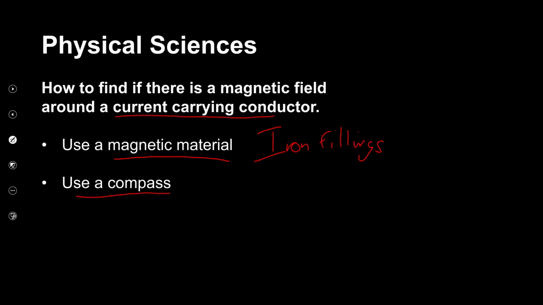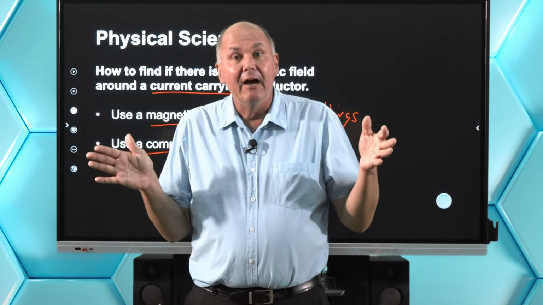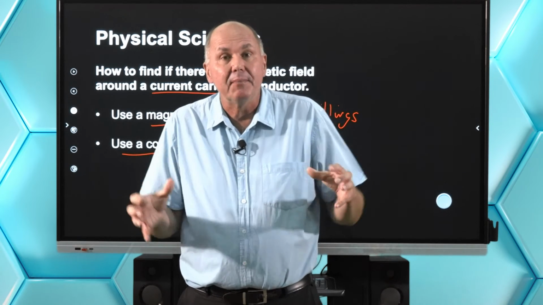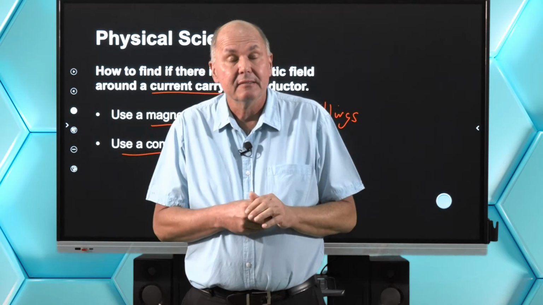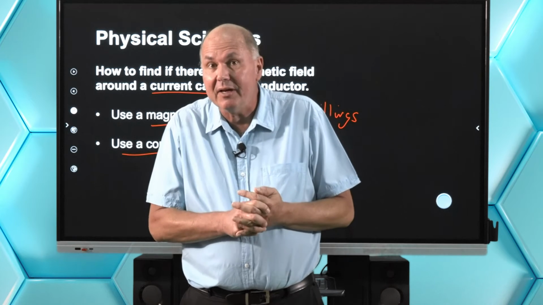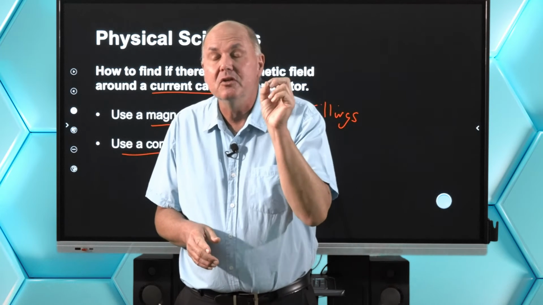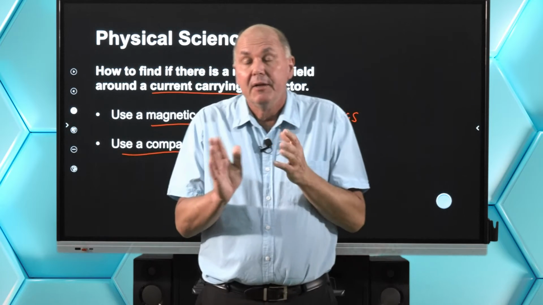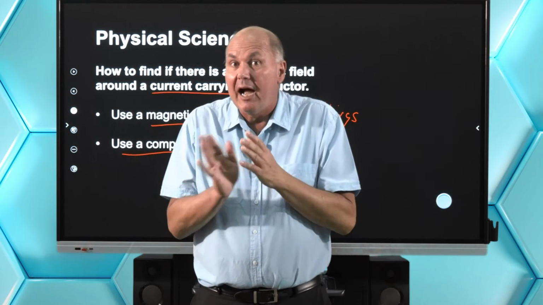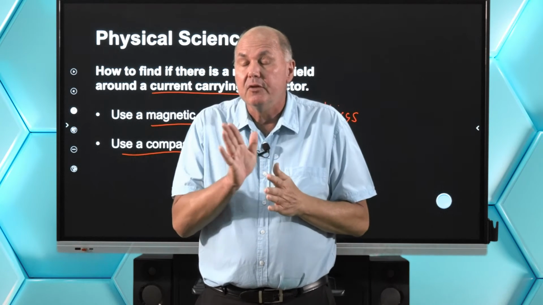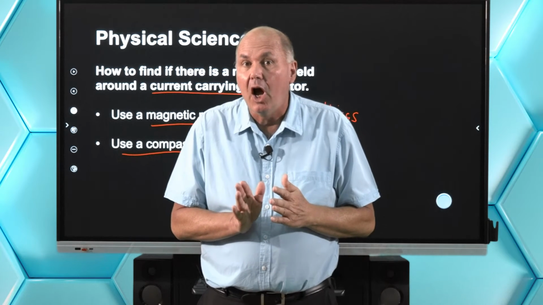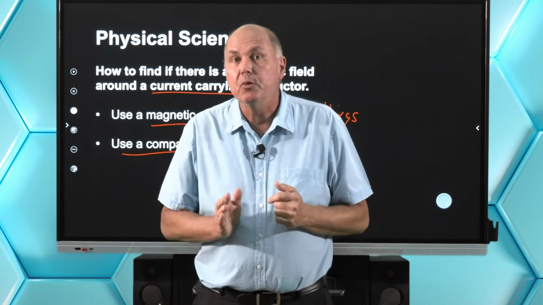It's interesting to note that when we do the experiment, the iron filings give us the pattern. And just like they gave us a pattern around a bar magnet, they don't tell us the direction. We're going to need to use a compass to see what the direction is. And remember, if we've got a magnetic field, the north side of a compass needle will point in the direction away from the North Pole. It will be repelled.